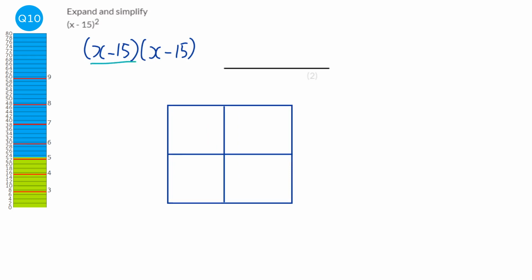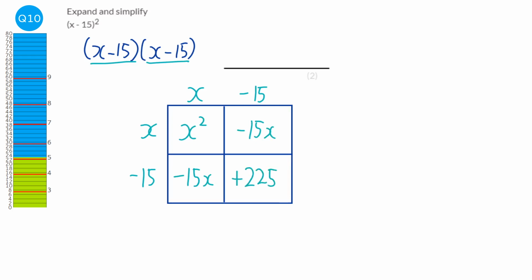And we're going to do x minus 15 at the top, x minus 15 at the bottom. Then we're going to do x times x, which is x squared, x times minus 15, which is minus 15x. Same again here. And then we've got a minus times a minus, which is a positive 225.